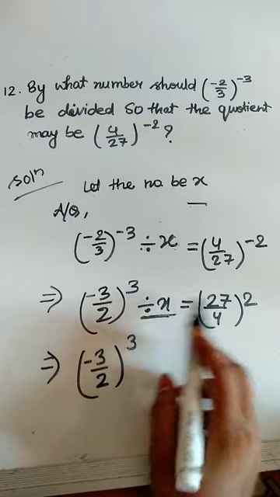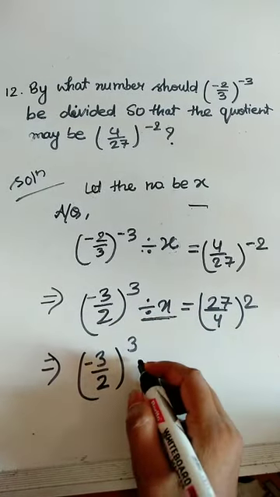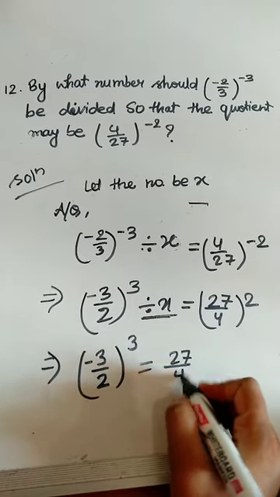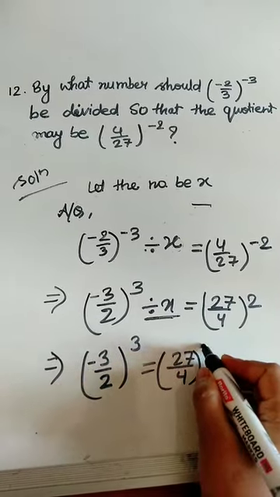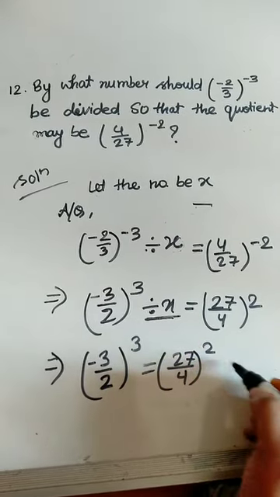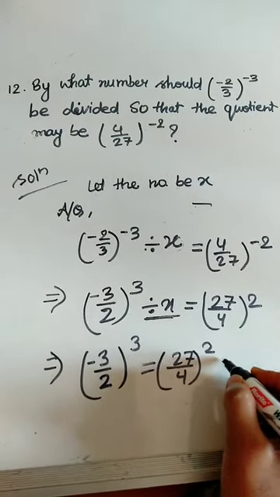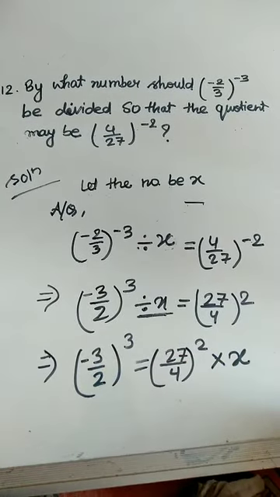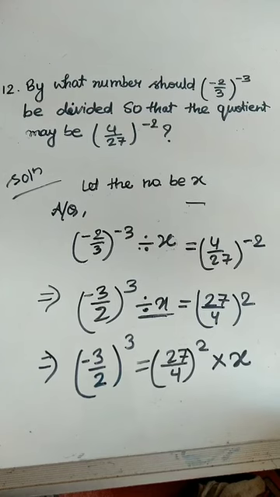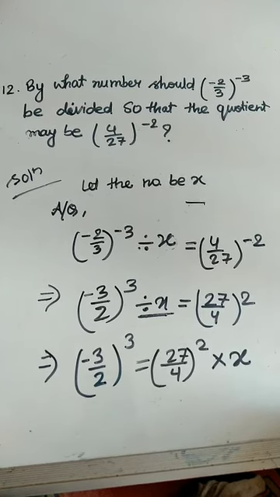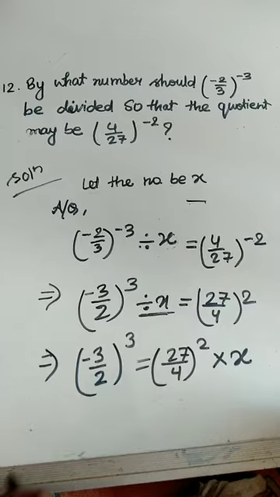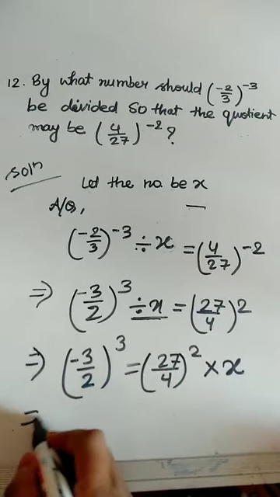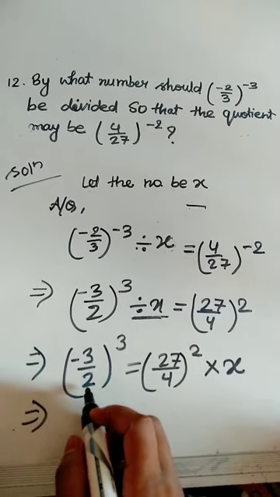If we want to send x to the RHS, then we can write (27/4)^2, and divide gets multiplied: (27/4)^2 × x.